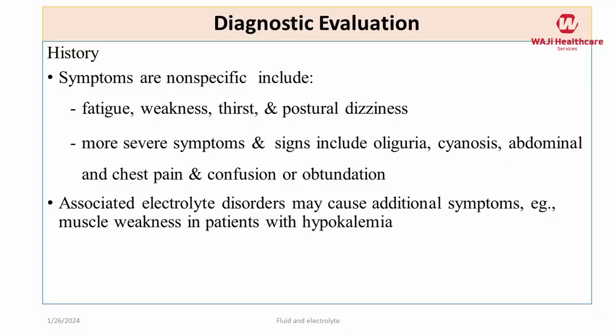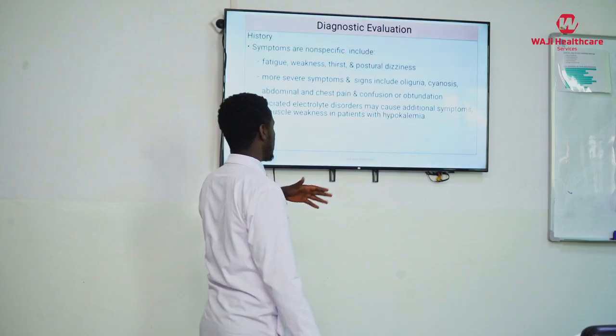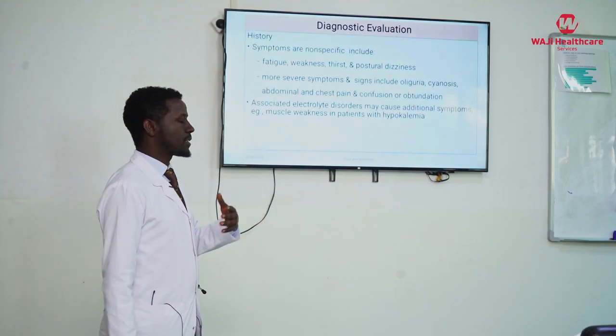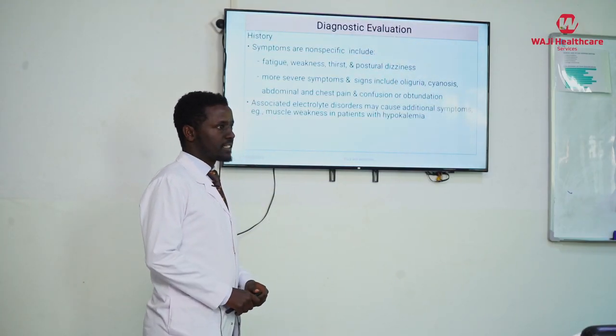The next thing is knowing about the symptoms. So symptoms of hypovolemia, the patient usually will have fatigue, weakness. They usually complain of excessive thirst, because with the volume loss, the thirst center is one of the regulating mechanisms. So individuals with a healthy thirst center will complain of excessive thirstiness, and the other is postural dizziness.